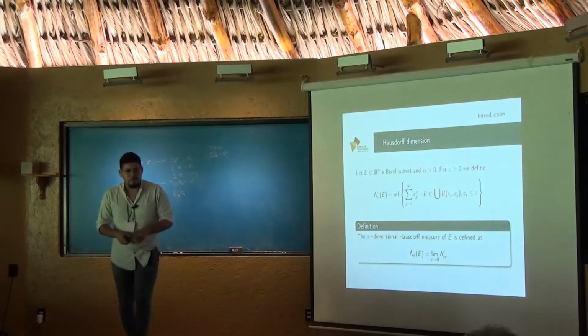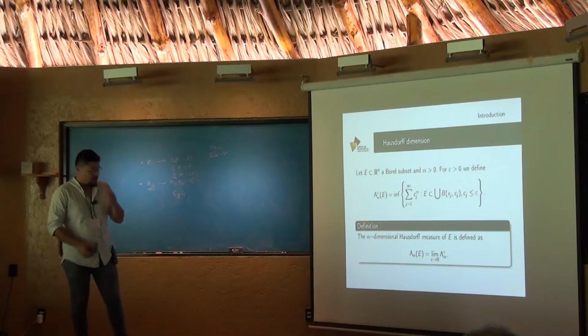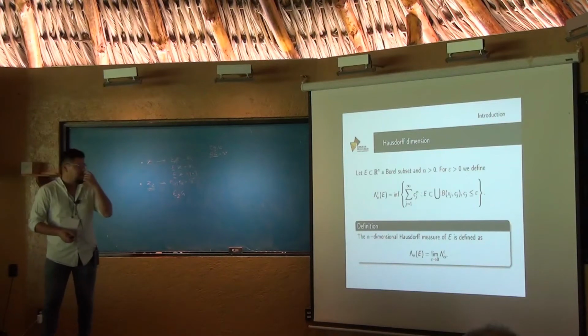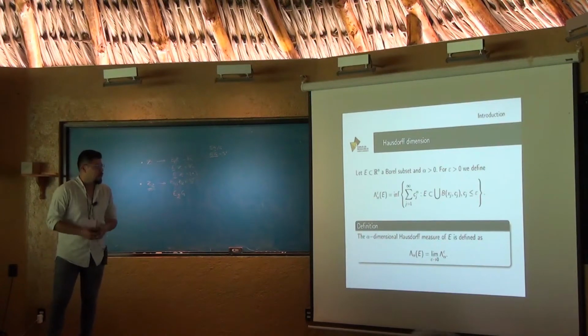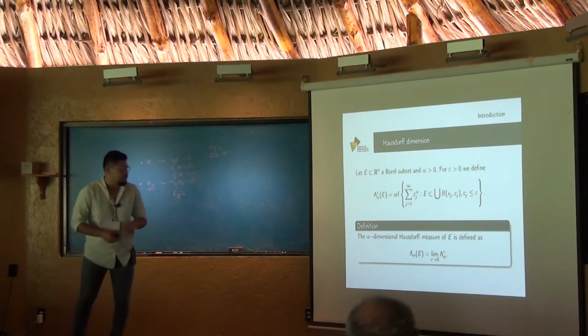So, what is the Hausdorff dimension? We start with a subset of n-dimensional Euclidean space. It has to be a Borel subset, and we fix a positive real number.